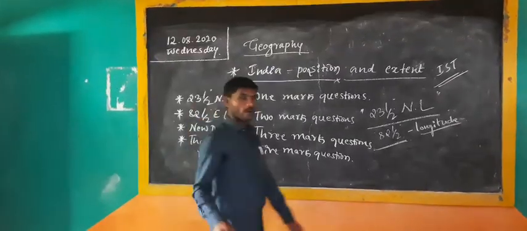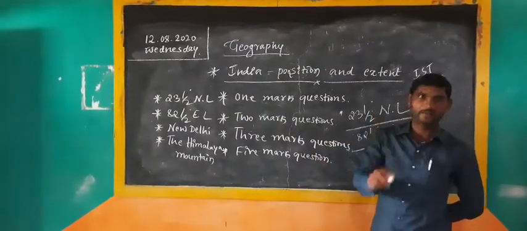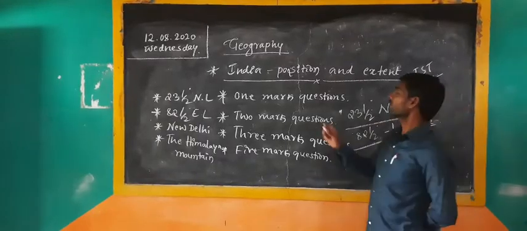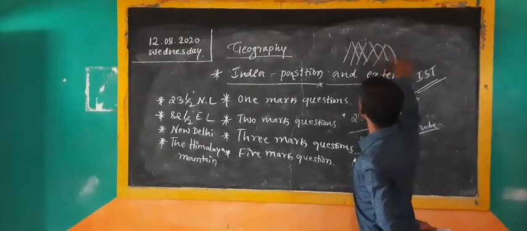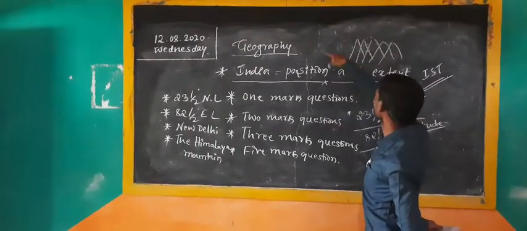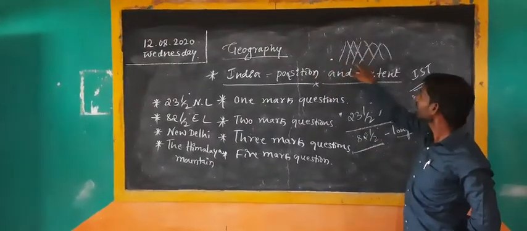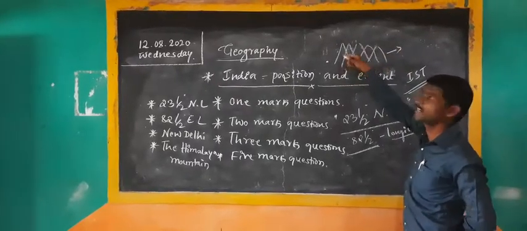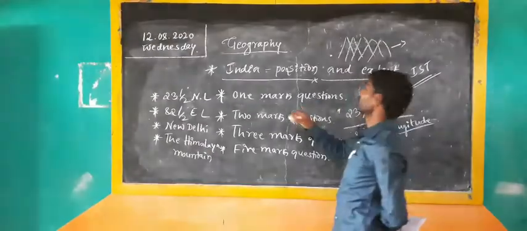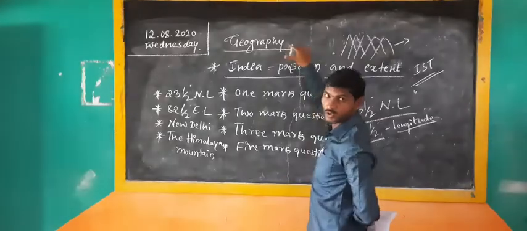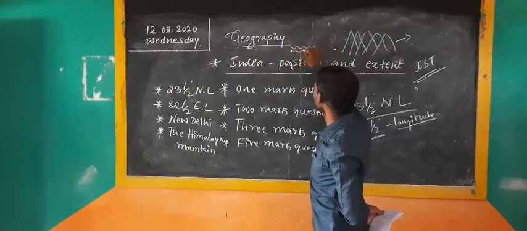Just you have to understand one point from this. When you have to mark mountains in the Indian map, you should mark like this. Put points here and draw the Indian map, and mark like this, because this shows mountain design. The next, in case they ask about rivers, first draw the Indian map and mark like this, with the flowing river like this.